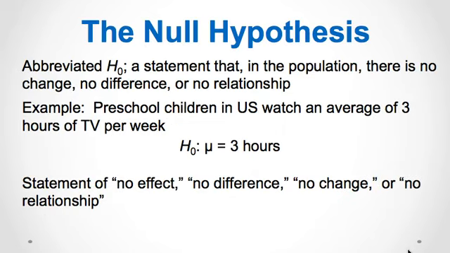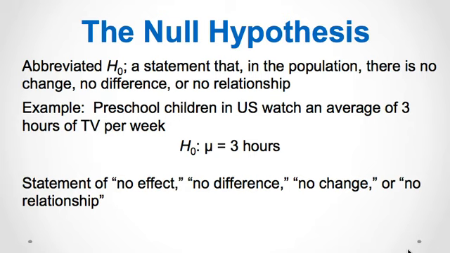So let's go back to step 1, state hypotheses. Hypothesis testing is based on 2 types of hypotheses, the null and the alternative hypotheses. The null hypothesis is a statement of status quo in the population, a statement that there is no difference, no change, no effect, or no relationship.